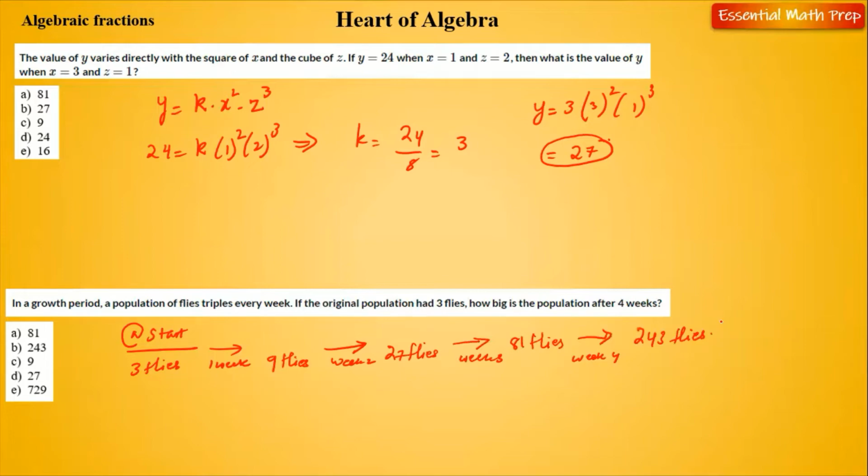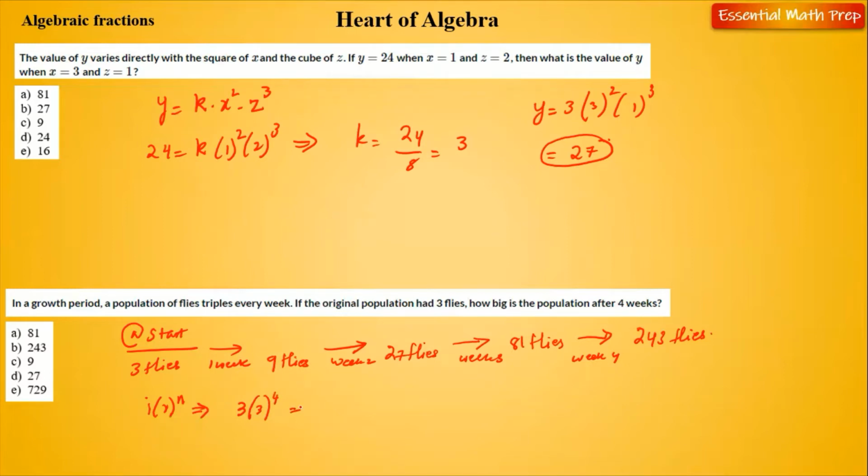So the other way we can do it is to use a mathematical formula, which is I times R to the power n. I corresponds to whatever flies you have at the start. You have 3. R is the rate at which the flies are tripling, which is 3, and n corresponds to the duration, which is 4 weeks.